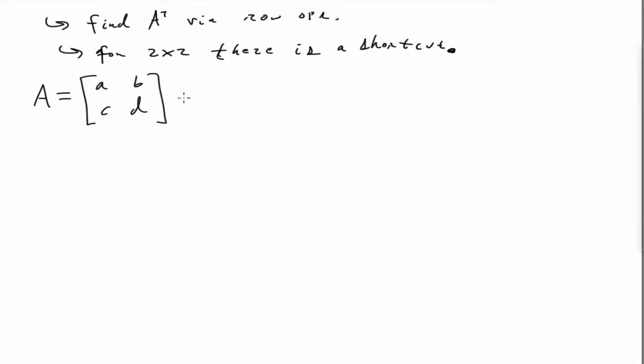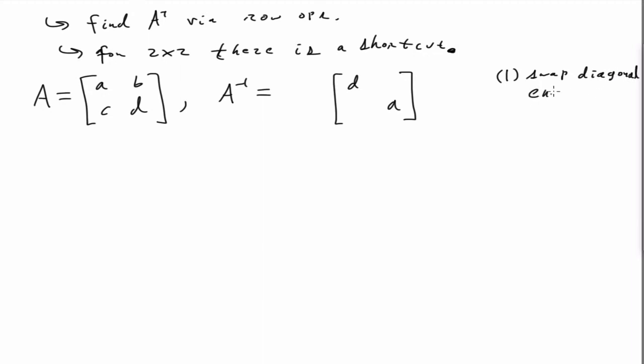And here's the trick. The shortcut is A inverse is equal to, we take the matrix, and what we're going to do is swap the diagonal. The first trick is to swap the diagonal entries.